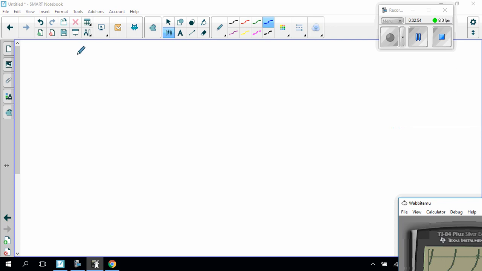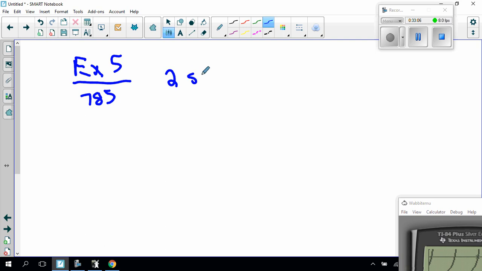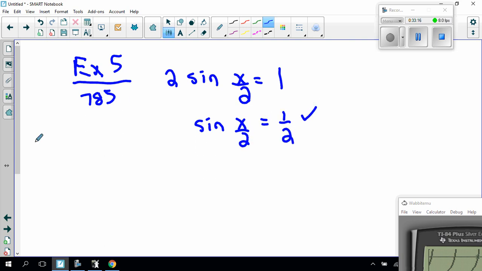Here's a trivial problem. This is in the book, example 5, page 785. 2 sine x over 2 equals 1. Sine x over 2 equals 1/2. Unit circle number.